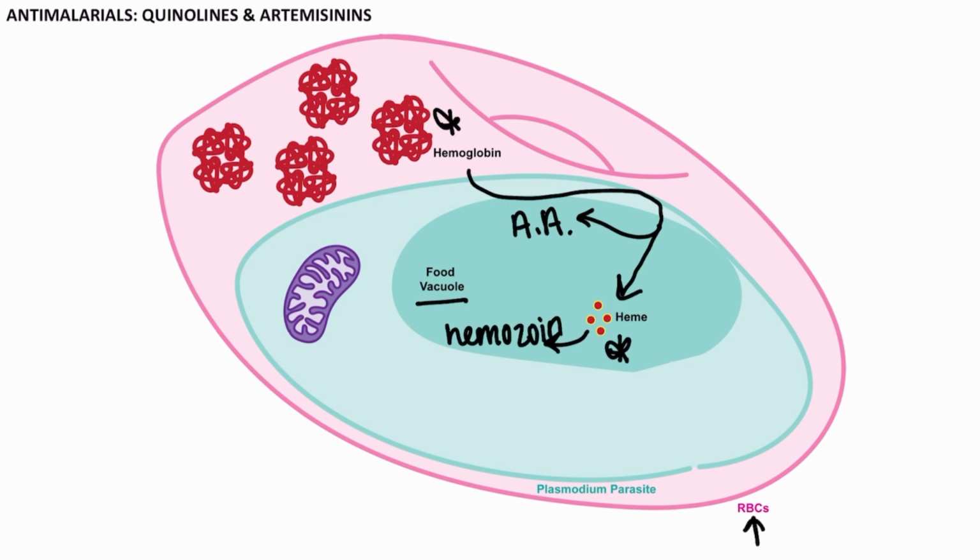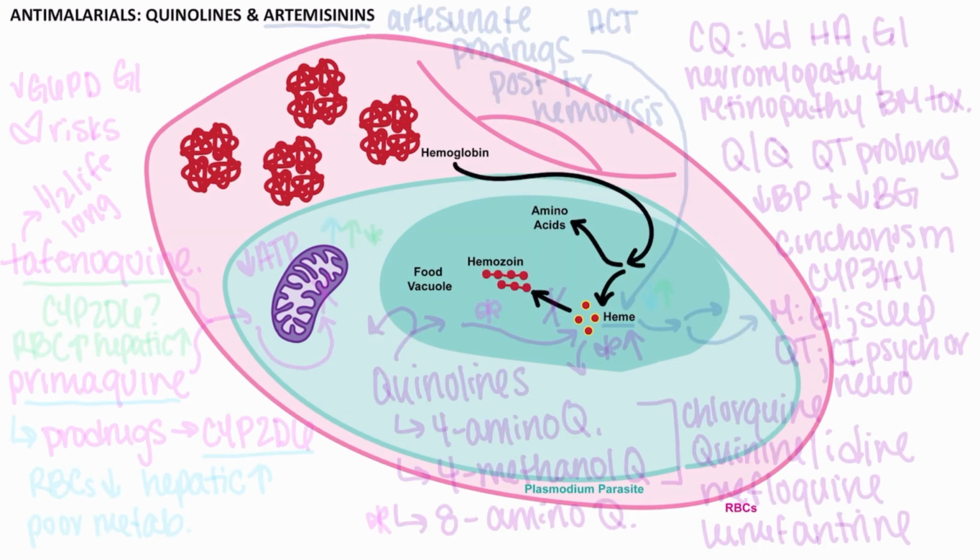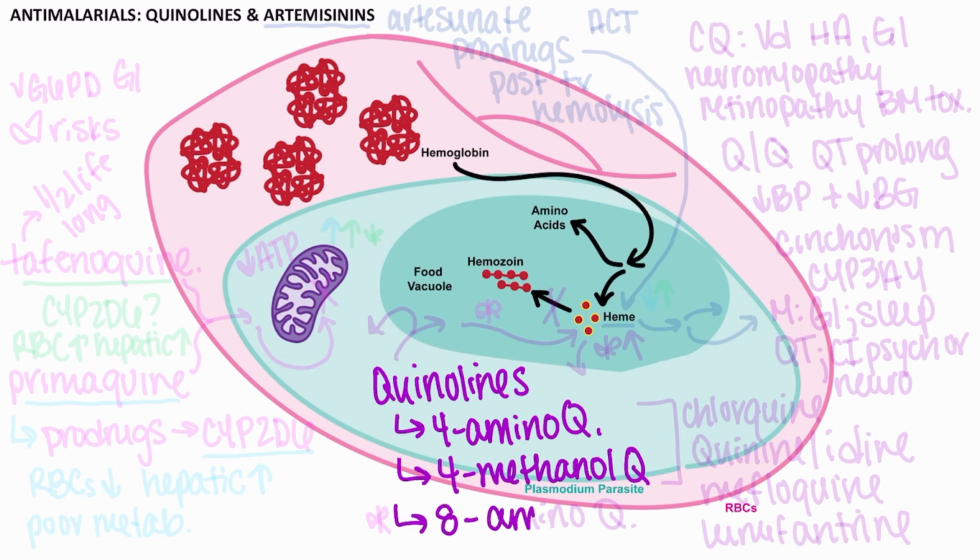And this is important because we are first going to discuss the class of agents known as the quinolines. Now, there are a few subclasses within this superclass of quinolines. We have the 4-aminoquinolines, we have the 4-methanolquinolines, and then we also have the 8-aminoquinolines.